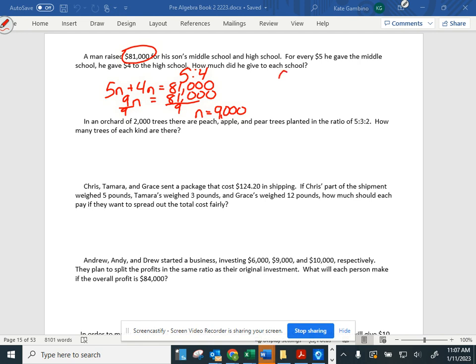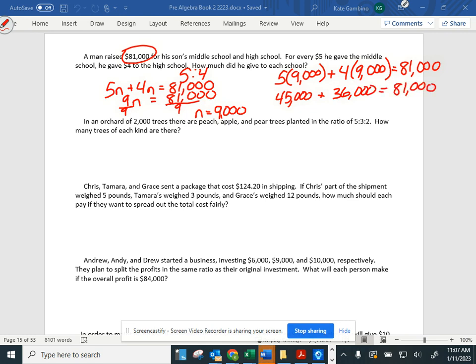So then we're going to plug that in for our n. So 5 times 9,000 is 45,000. 4 times 9,000 is 36,000. Add them together and you get $81,000.